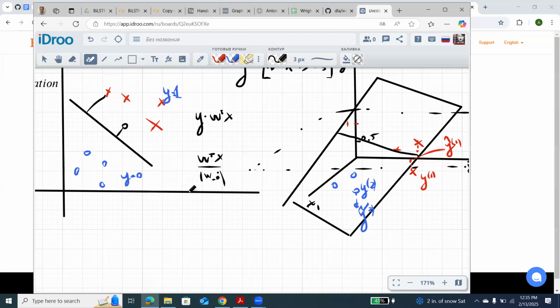And the method is called the least squares, but we minimized MSE loss, mean squared error loss.